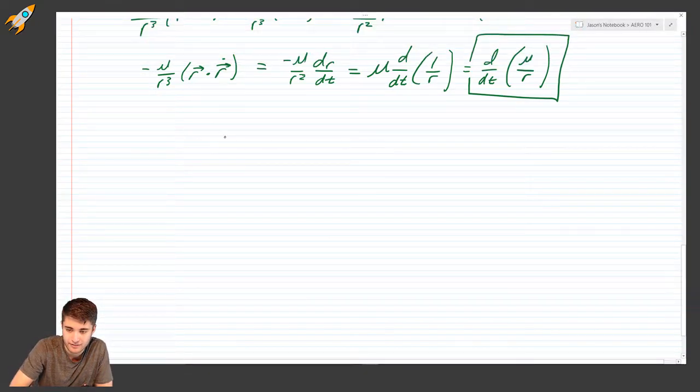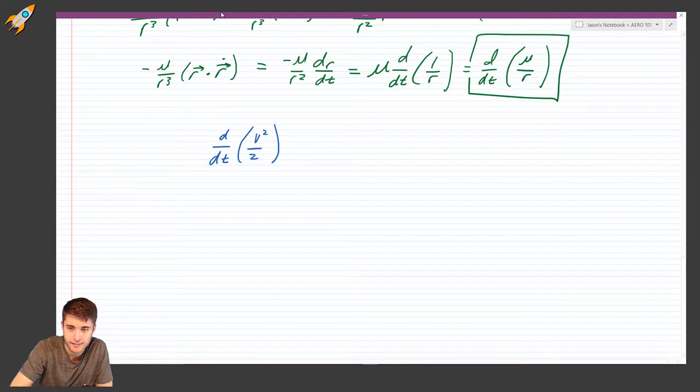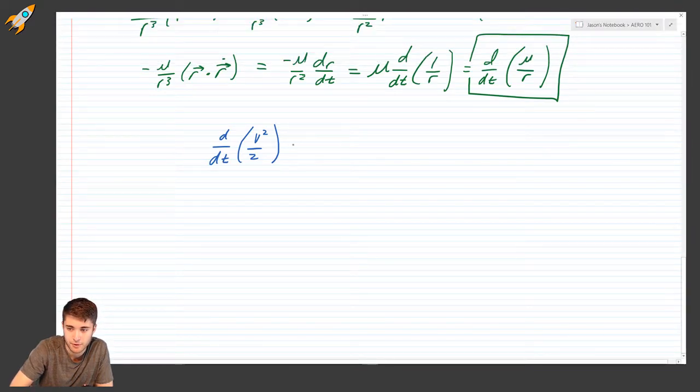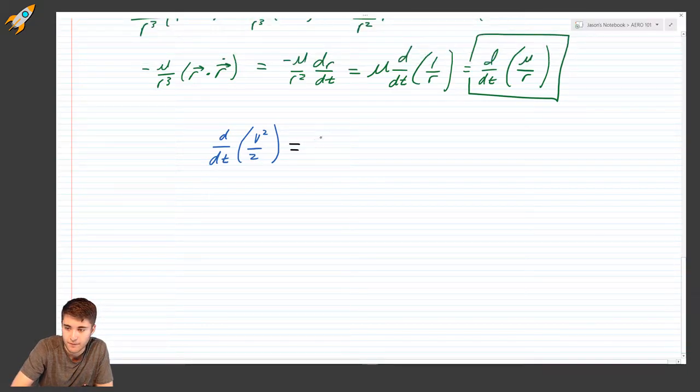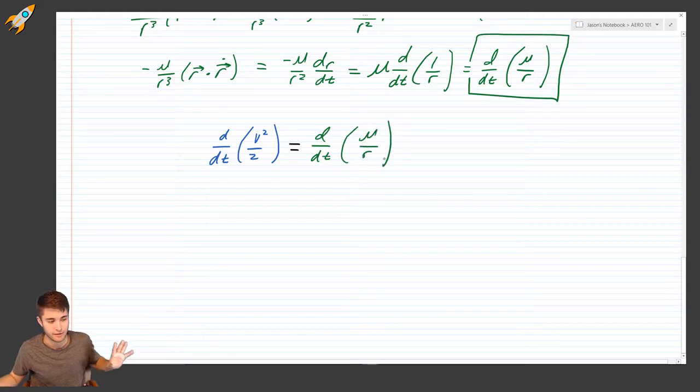So we have this now. The left-hand side of the equation, d over dt of v squared over 2, is equal to, looking at the right-hand side that we derived, d over dt of mu over r. How awesome is that? Everything is on an equal playing field now.